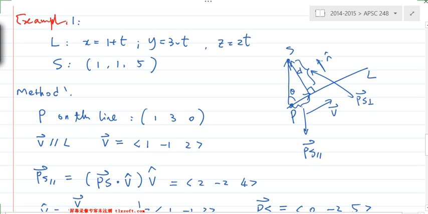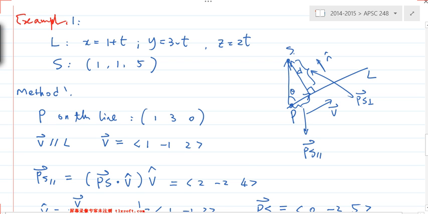Now the second question: I want an n which is in the same plane, or not necessarily the same plane, but parallel to the plane determined by L and PS.